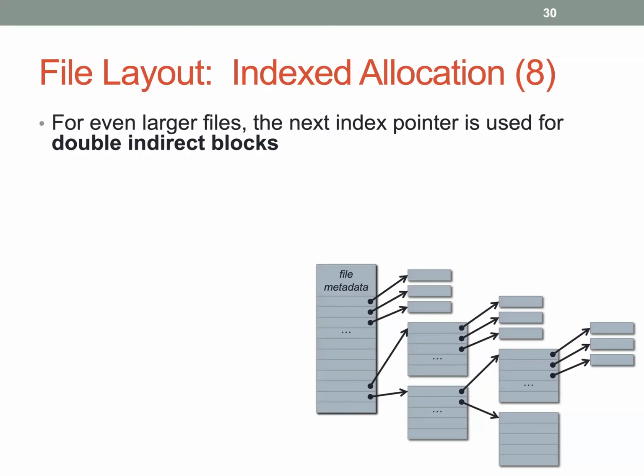Let me see, there's a question here about storage constraints. Why is the index block more effective than the file allocation table? The answer really gets back to the issue of clusters versus being able to allocate blocks to files on an individual basis.